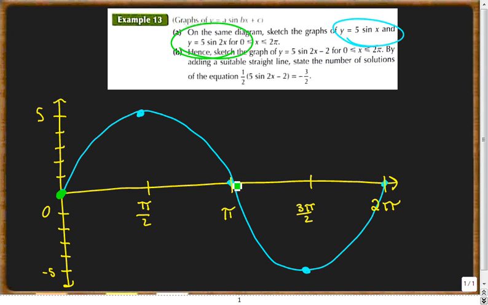Now the next 0 is at pi. Well, that means that it'll be at pi over 2, because we would divide that by 2. The next 0 occurs at 2 pi. So that would occur at pi. 2 pi over 2, right? We divide it by 2.